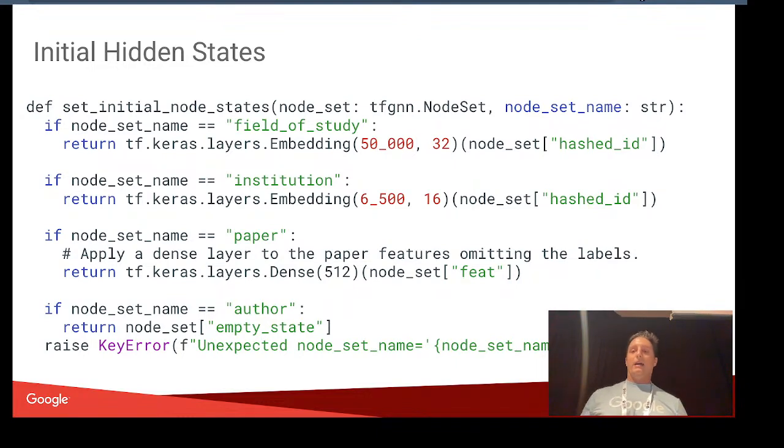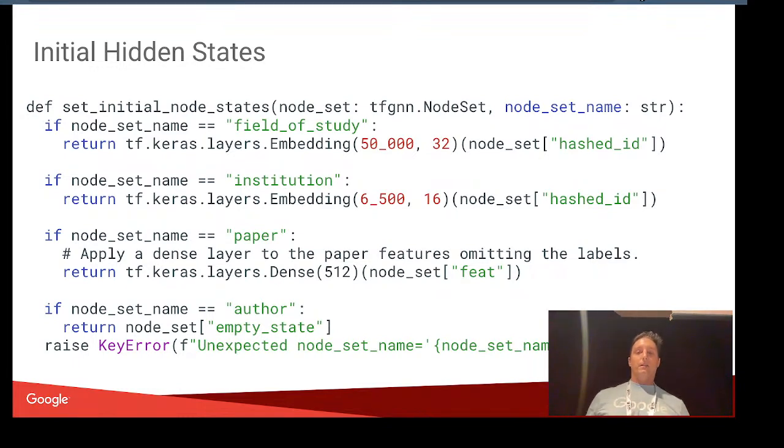Here we're mapping the hashed field of study to a 32-dimensional learnable embedding vector, and we're doing the same thing with the institution ID. We extract the paper's embedding features and we pass it through a dense layer. We're producing a 512-dimensional representation of the original embedding feature in this particular example. It could be anything that you want to do.